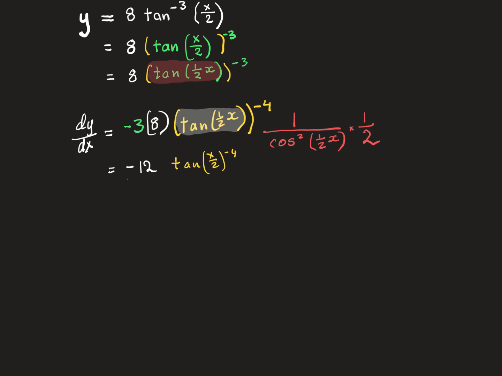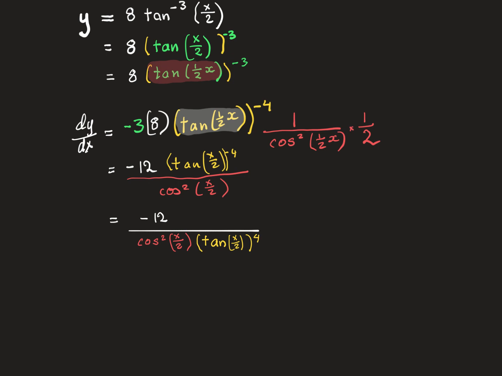And I also have cos squared x on 2. As mathematicians don't really like a negative exponent, we will move this tan down to the denominator. And once again, as mathematicians do not like to have too many brackets, we can rectify it by putting that 4 up here next to the tan.